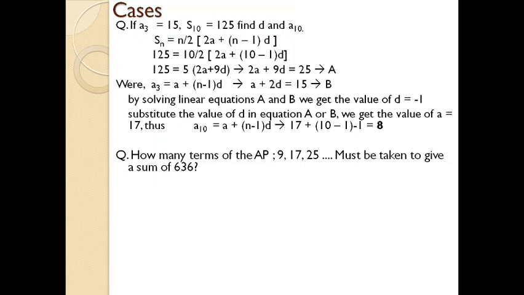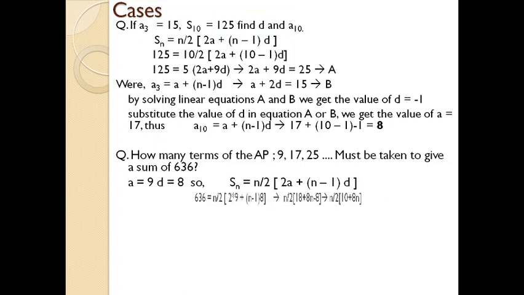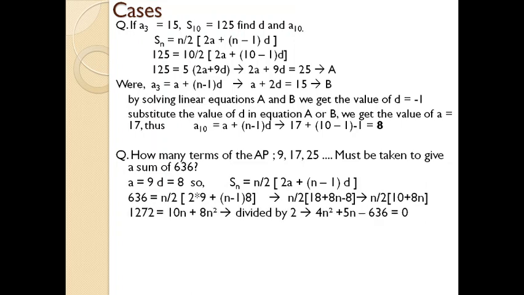We already know the equation for finding the sum of the series, and on the basis of the available data you substitute in that equation and you will get 4n square plus 5n minus 636 in a quadratic form.